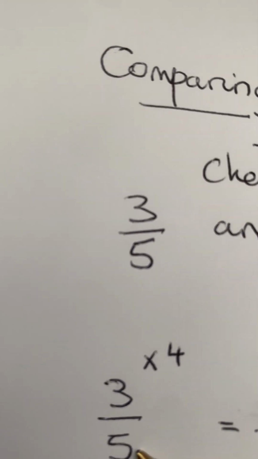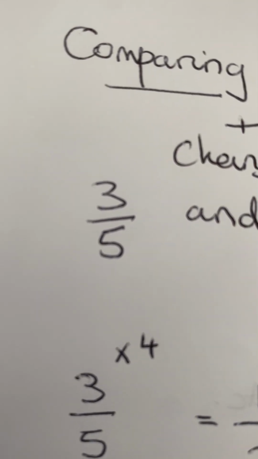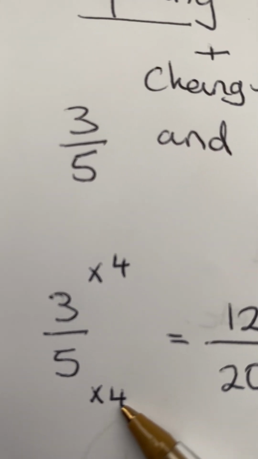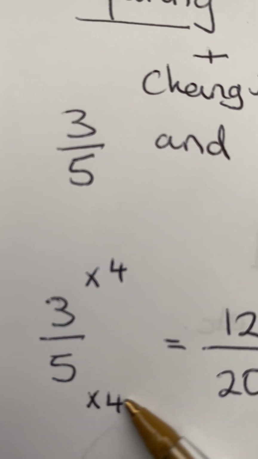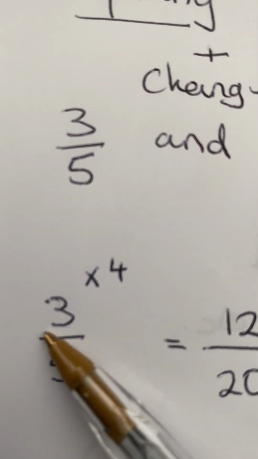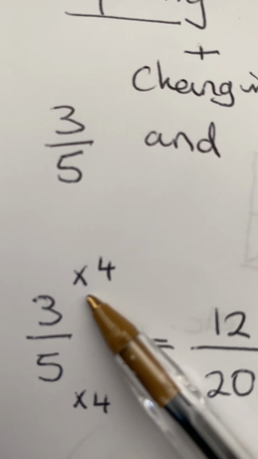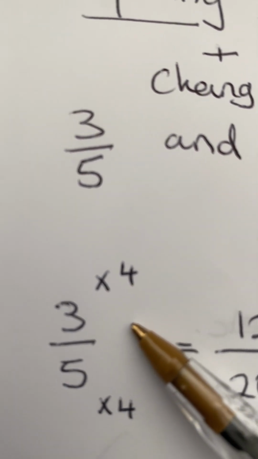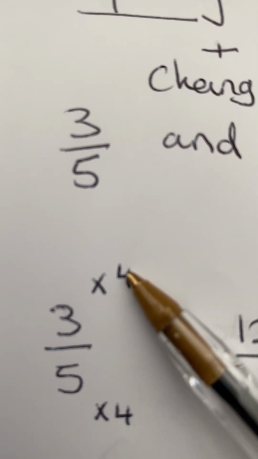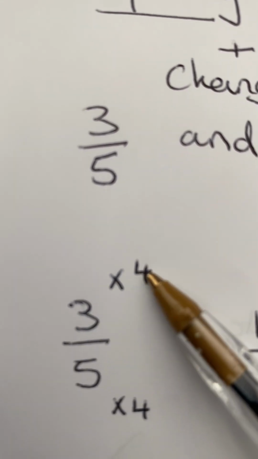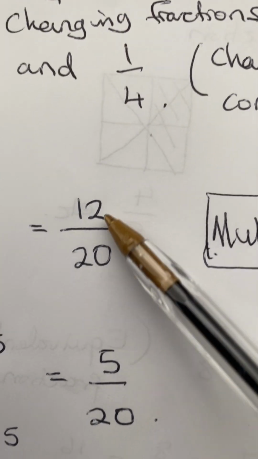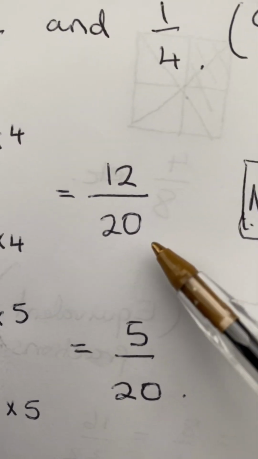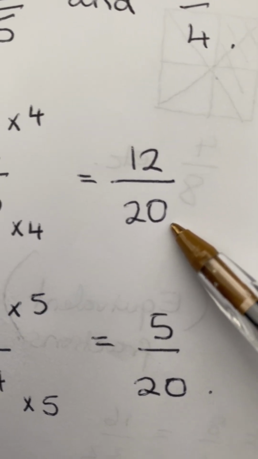But what did I do to 5 to make it 20? I multiplied by 4. So if I did that to the denominator, I have to do that to the numerator. So I'll multiply the numerator of this fraction by 4. If I multiply 3 by 4, I'm going to get 12. 5 by 4, I'm going to get 20.